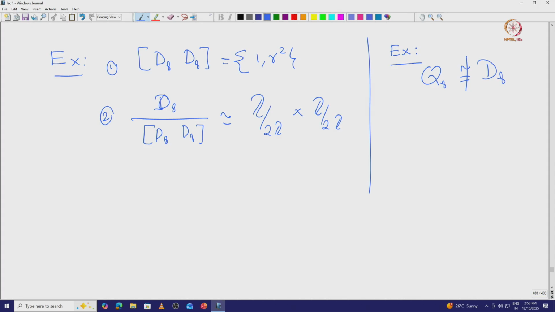The commutator subgroups of both Q8 and D8 are isomorphic to Z modulo 2Z, and when we go modulo the commutator, we get the Klein 4 group. So both of them are extensions of Z modulo 2Z by Z modulo 2Z cross Z modulo 2Z.